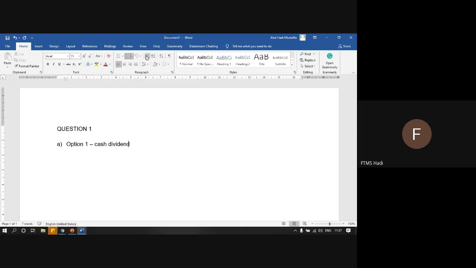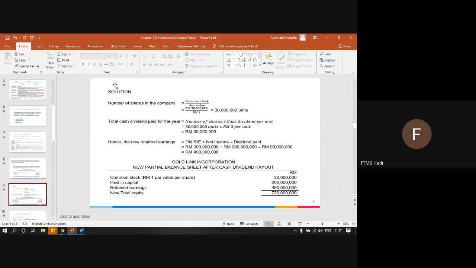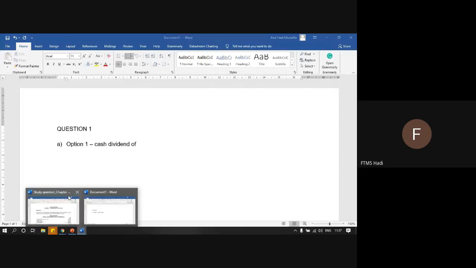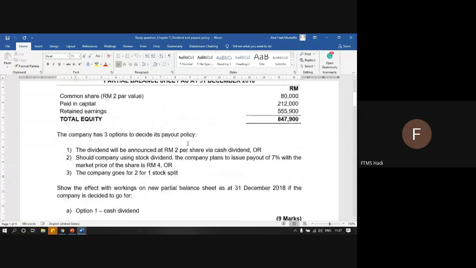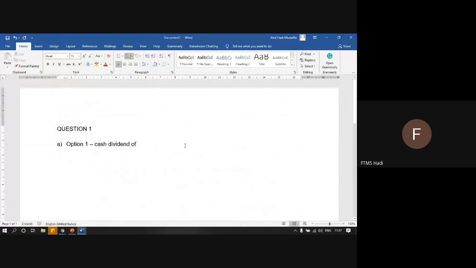Alright, cash dividend. The first thing first: you need to find the number of shares outstanding first.